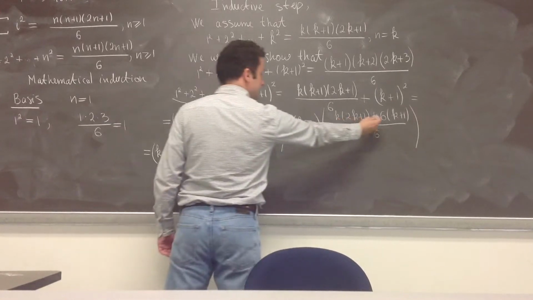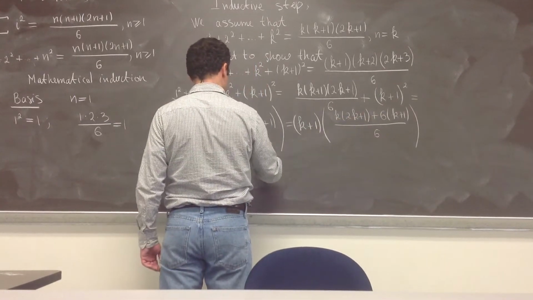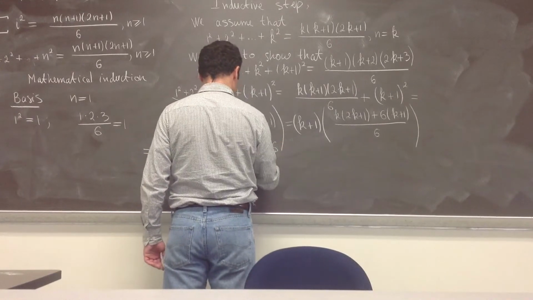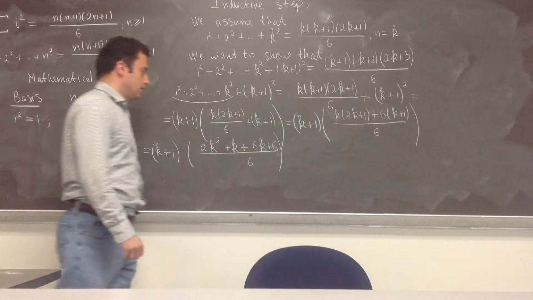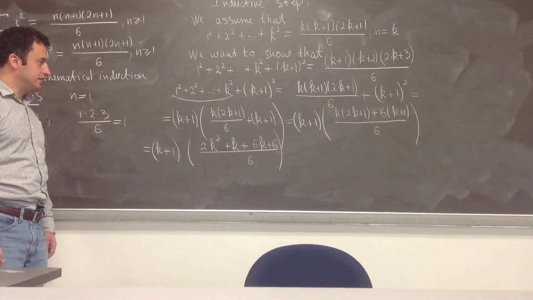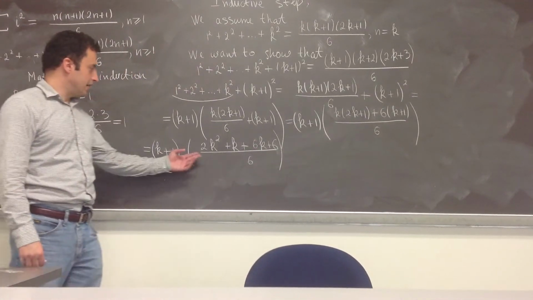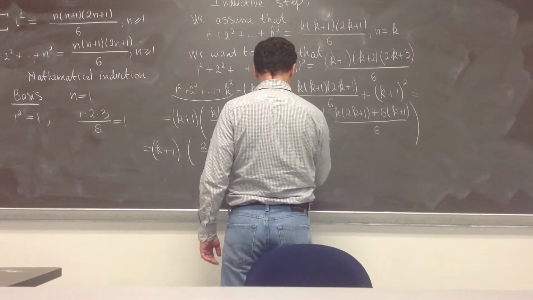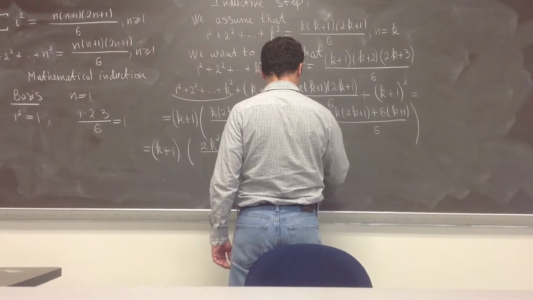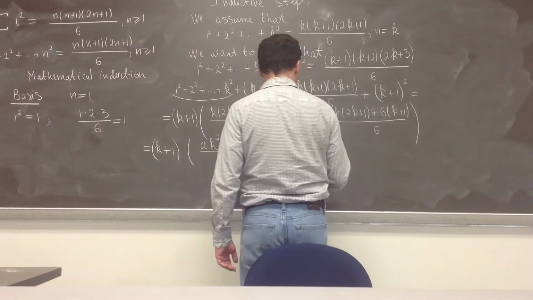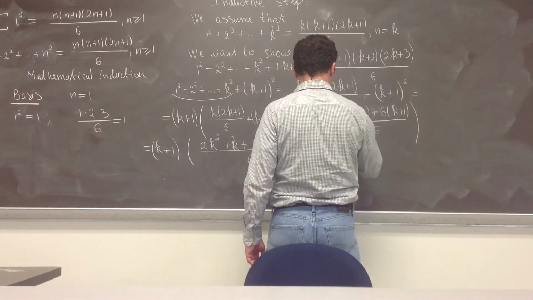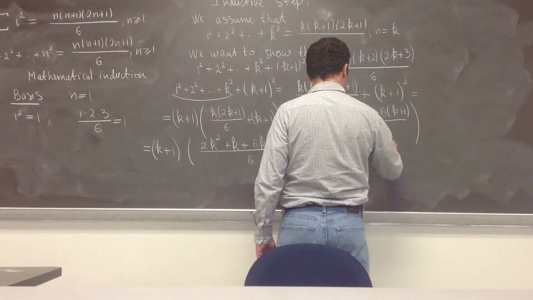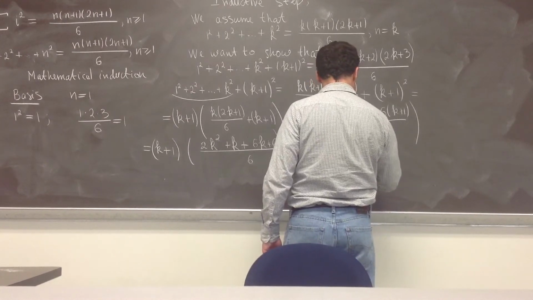Then we distribute 6 and we have 6k plus 6 over 6. So we can distribute k, we can distribute 6, and now let's combine like terms. We can combine k and 6k. So this is equal to k plus 1 times 2k squared plus 7k plus 6 over 6.